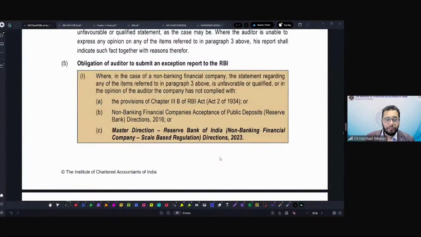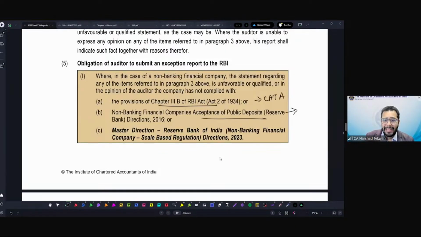And then whatever qualifications are there, summarize that with respect to chapter 3 of the RBI Act, that is again section 45 IA, section 45 IB, whether it is acceptance of the public deposit. This is nothing but category A.